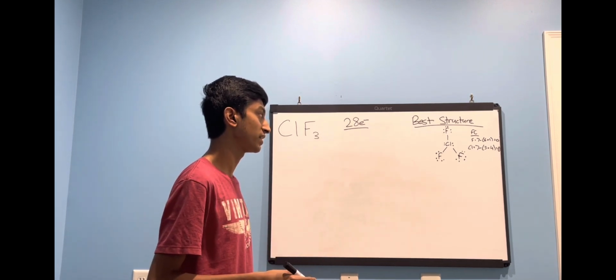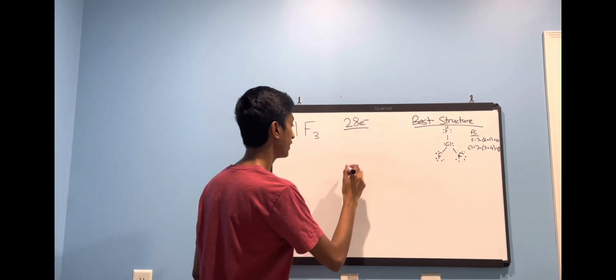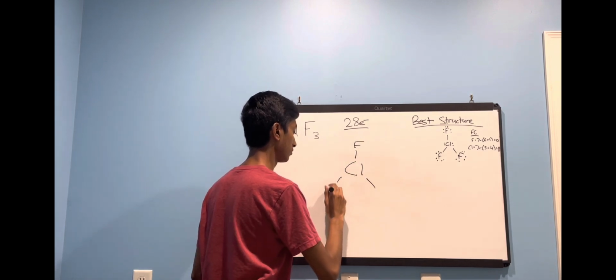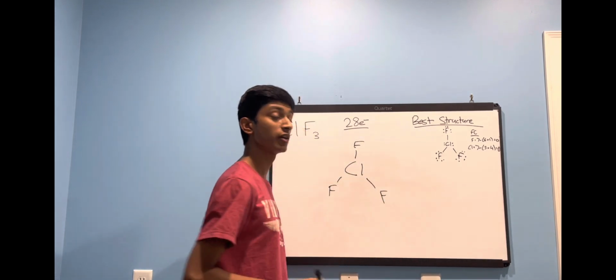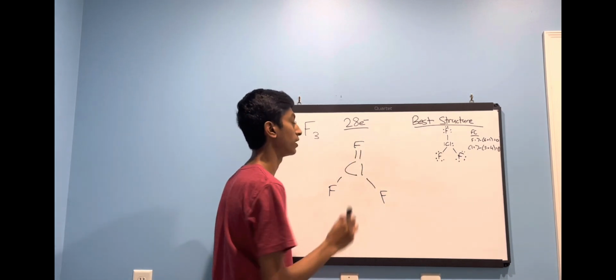Now we're going to find the resonance of this. Resonance is basically when a molecule can take on another sort of arrangement. Here we have the same arrangement, but this time we can do a double bond on any of the fluorines. I'm going to choose to do a double bond here.